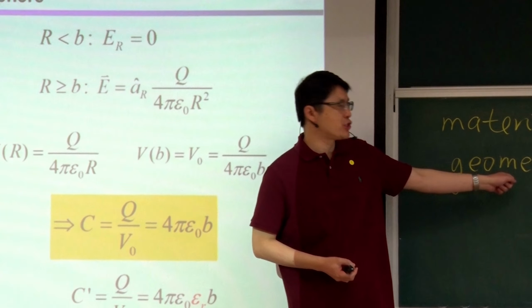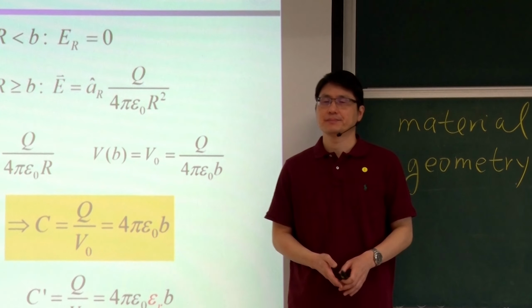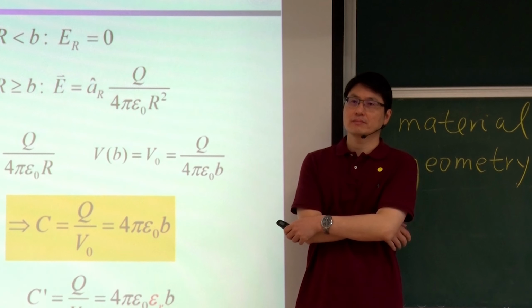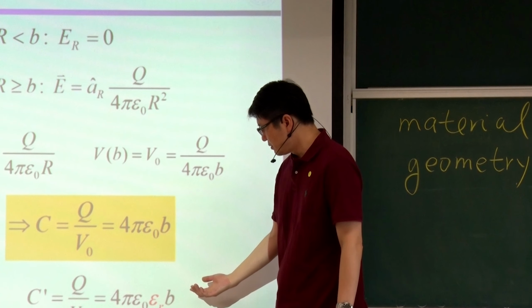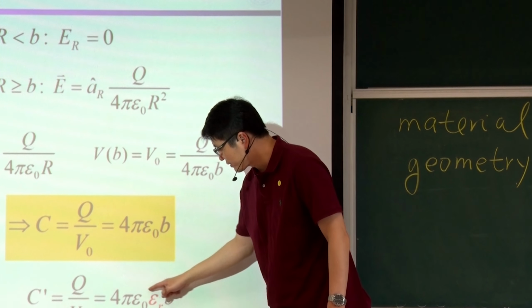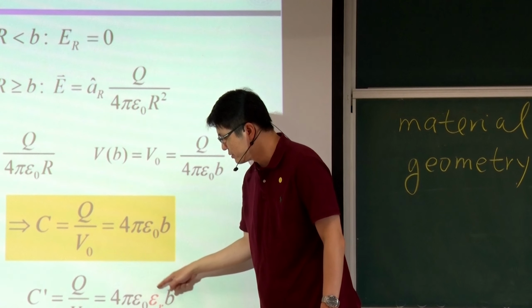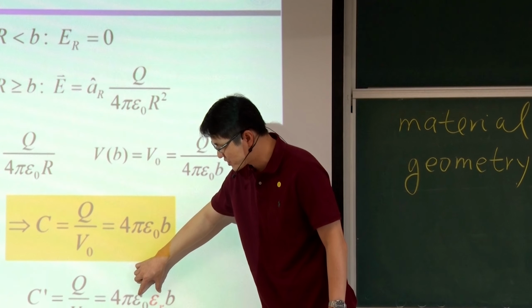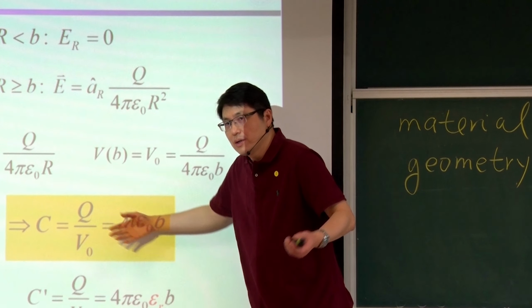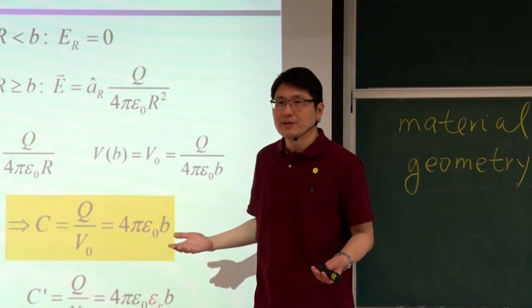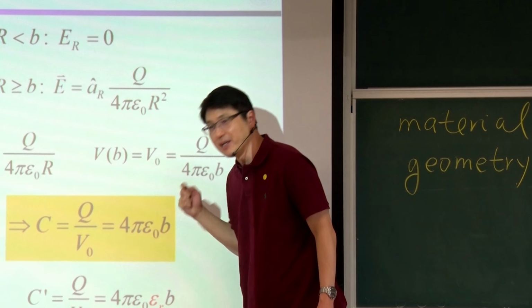What about the geometrical dependence? Take a good look. Epsilon 0 times epsilon r is the absolute permittivity, and that takes care of the material response. What else do you have? 4 pi b.